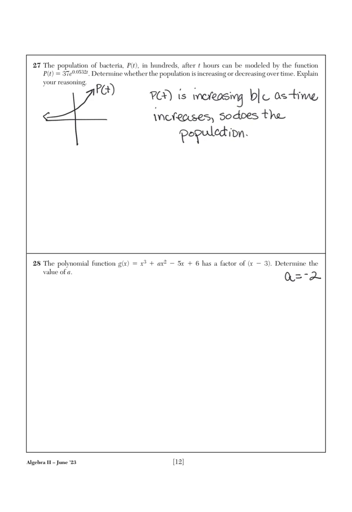Okay, the answer for 28 is a equals negative 2. So if x minus 3 is a factor, remember x equals 3 is a 0.